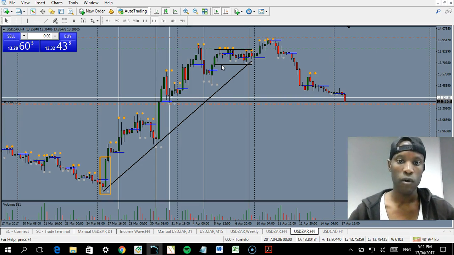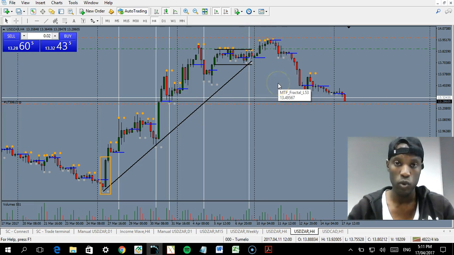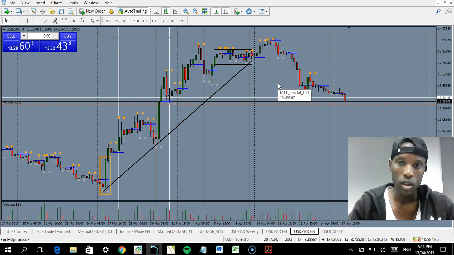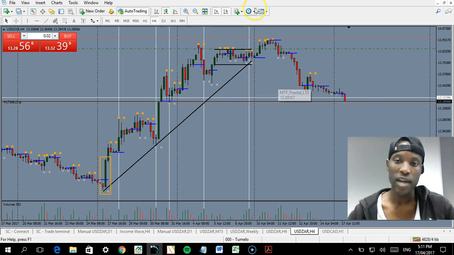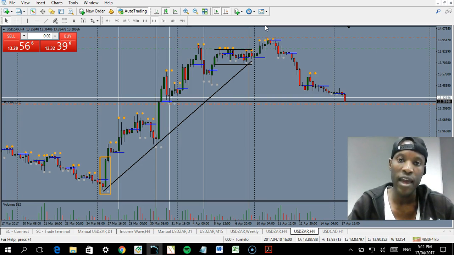Now, in order for the banks to achieve their objective, which was for them to sell, they need to induce retail traders and encourage traders to buy, so that when price gets to the specific price level or the specific target price where the banks want to sell, they ensure they have an equal amount of willing buyers in the market at that same point in time in order for the banks to fulfill their objectives.